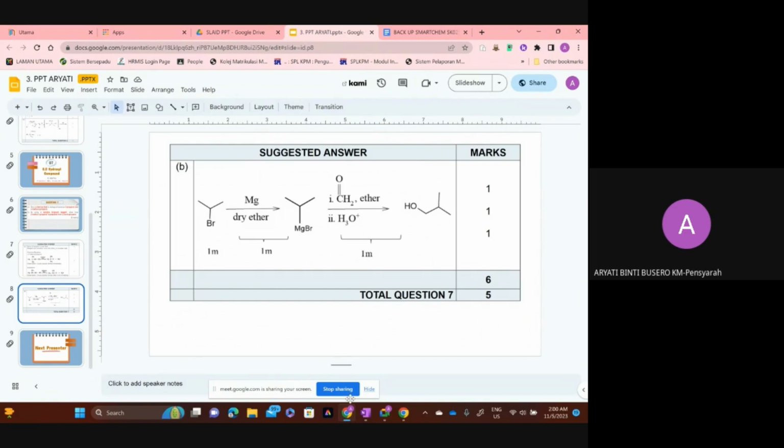So that gets 2 marks. Here, starting with 2-bromopropane, 1 mark. So 1, 2, 3 marks. So the total is 6 marks, but the total for the question is 5 marks. Okay, there is a maximum mark. So I think that's all for the discussion for question number 7 from me.